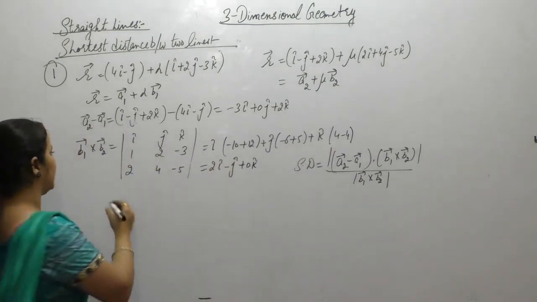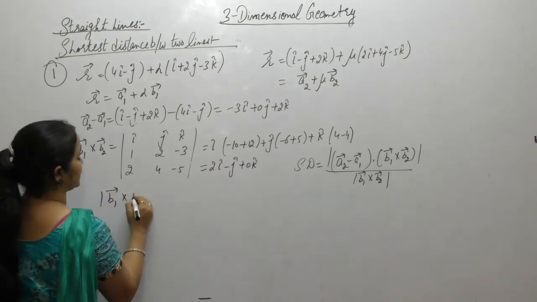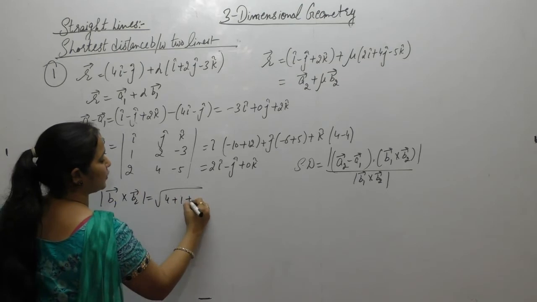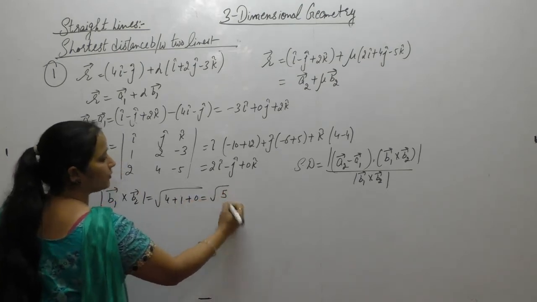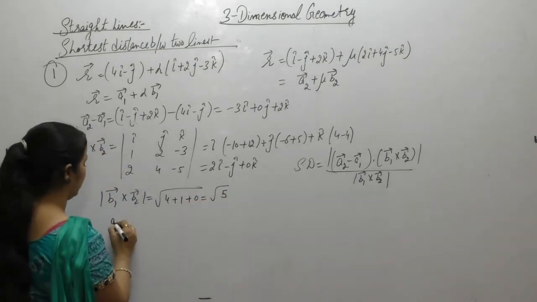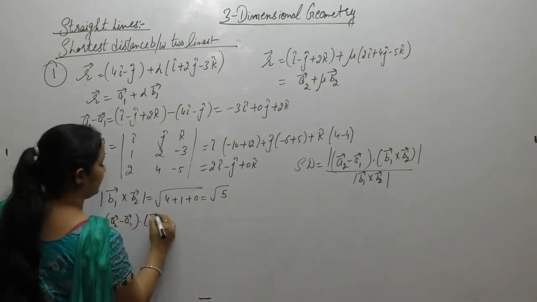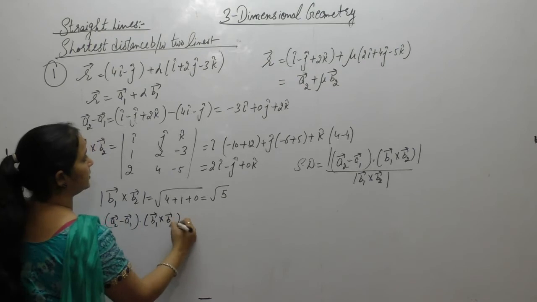Now find the magnitude of b1 vector cross b2 vector. 2 square plus minus 1 square plus 0 square, square root of 5. Now what we want is a2 minus a1 dot b1 cross b2.